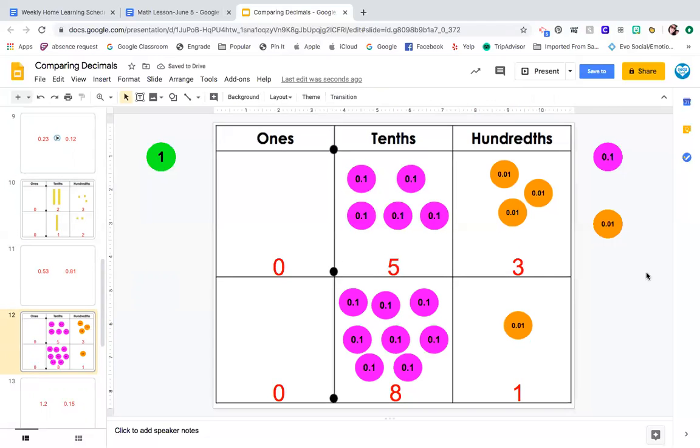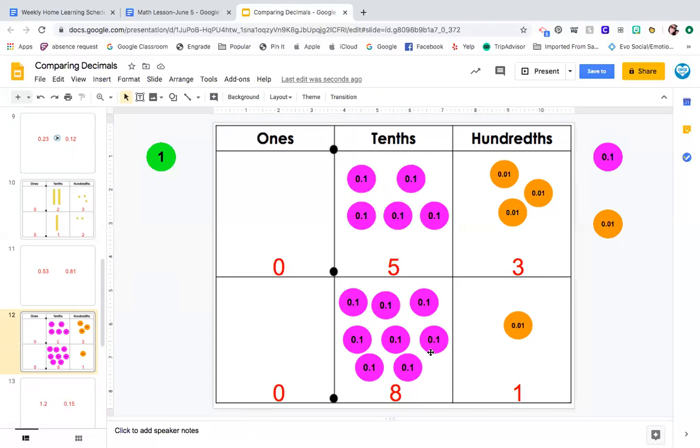All right, so remember we start from left and then move to the right to see which one is greater. Neither of them have any discs in the ones place, so we're going to move to the tenths place. I see that there are 5 discs in the tenths place here on top, but there are 8 discs in the tenths place on the bottom number.